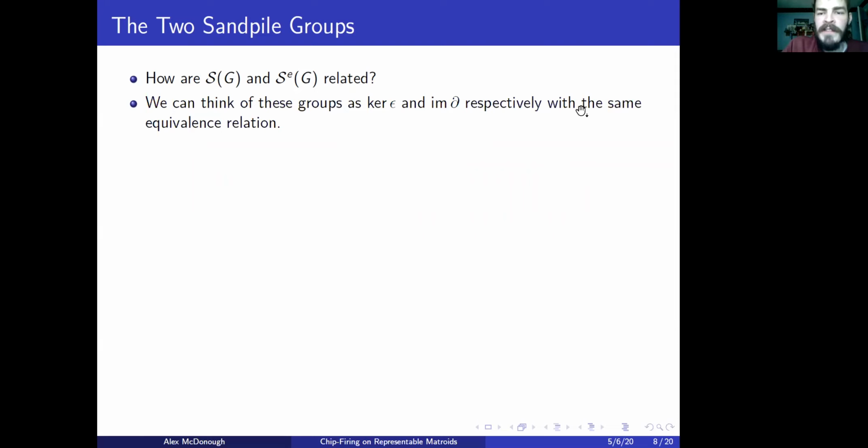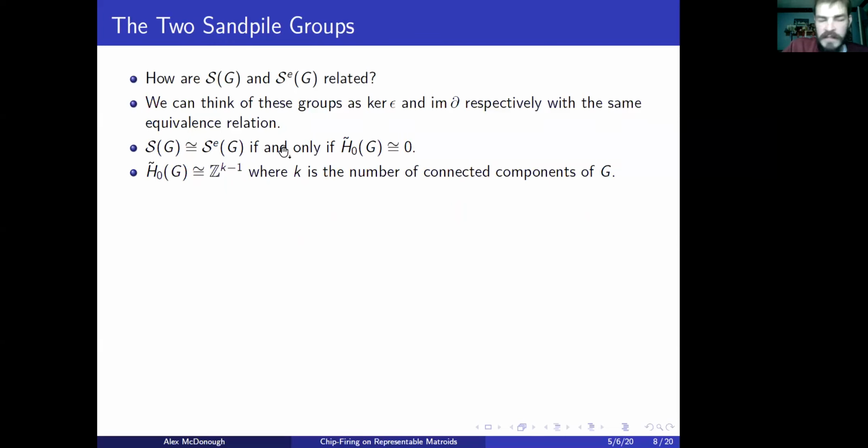And these both have the same equivalence relation, which is firing equivalence on vertices. So that tells us that the sandpile group and the edge labeled sandpile group are going to be isomorphic if and only if this 0th reduced homology is trivial.